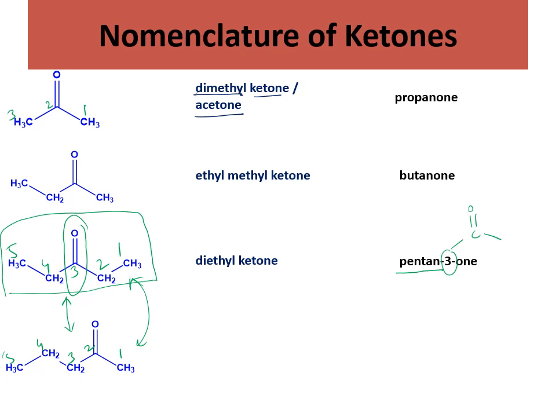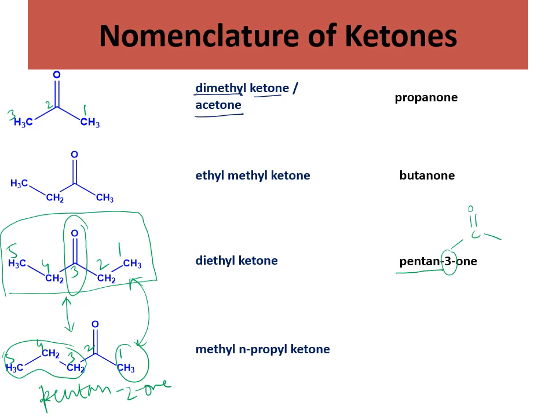So when we want to give the IUPAC name, this molecule will be called pentane-2-one. Okay. And let us give the common name as well. On one side we have a methyl, on the other side we have a normal propyl group. So the common name becomes methyl propyl ketone.